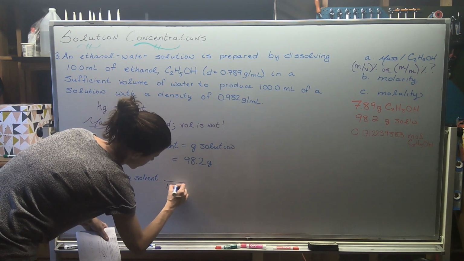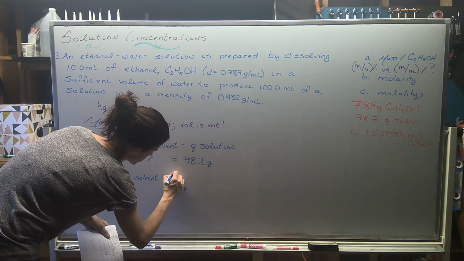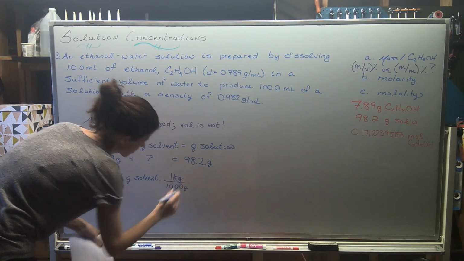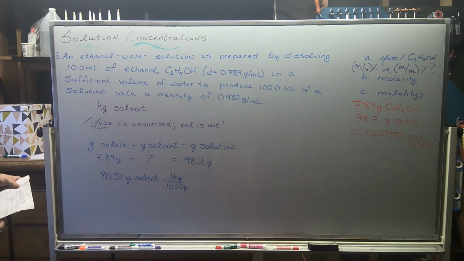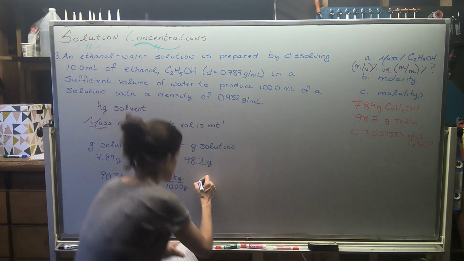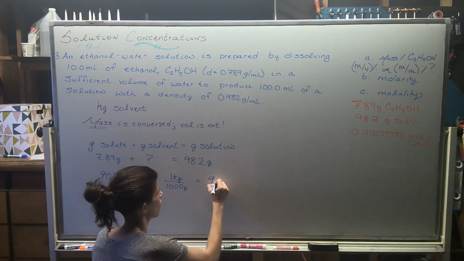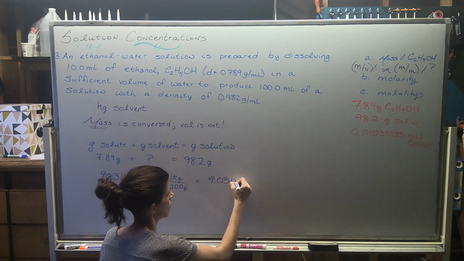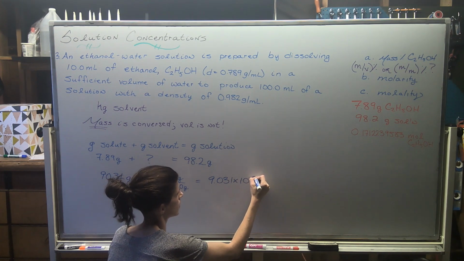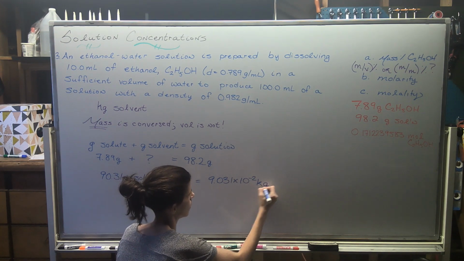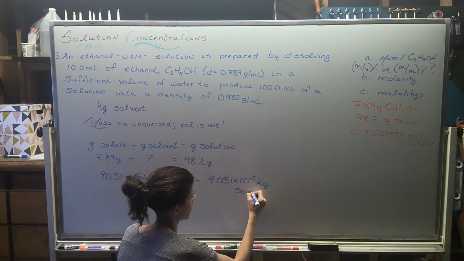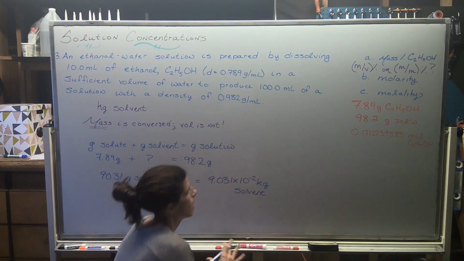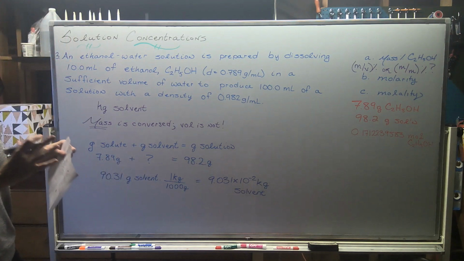I'm going to have to divide that by 1,000 because we need kilograms of solvent, right? So after I did that, I got 9.031 times 10 to the negative 2 kilograms of solvent. Now I'm ready to crunch my molality.